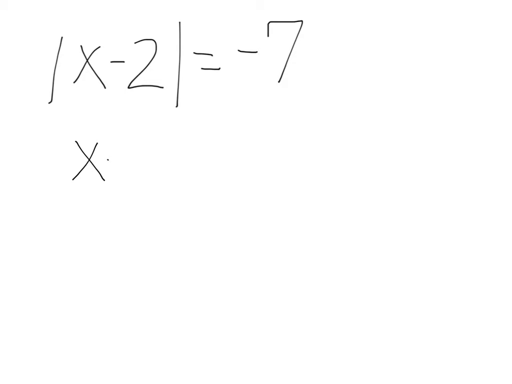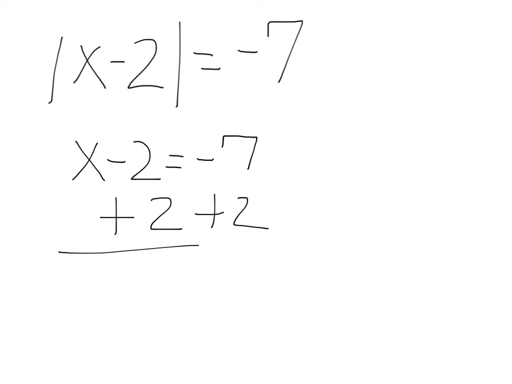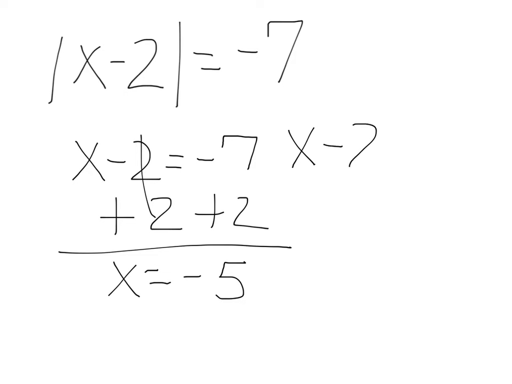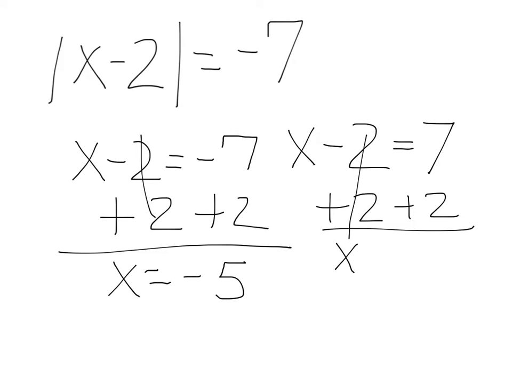So you do x minus 2 equals negative 7, then you add 2 to both sides, and those cancel each other out, so x equals negative 5. Then you do the other equation, which is x minus 2 equals 7. You add 2 to both sides, those cancel each other out, and you get x equals 9.